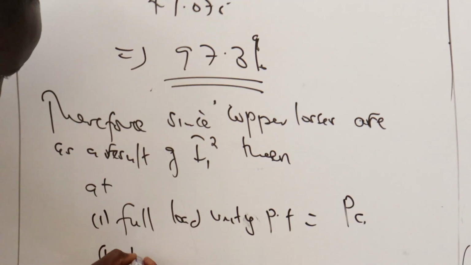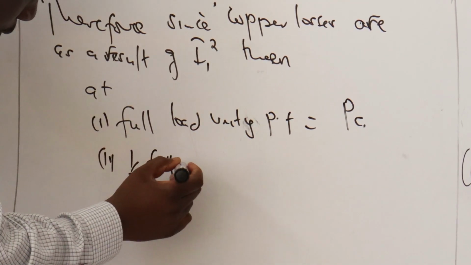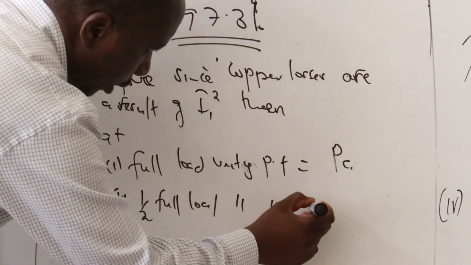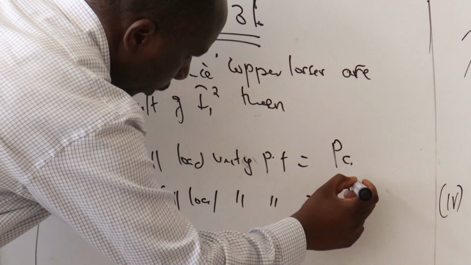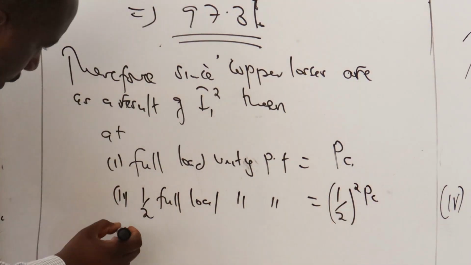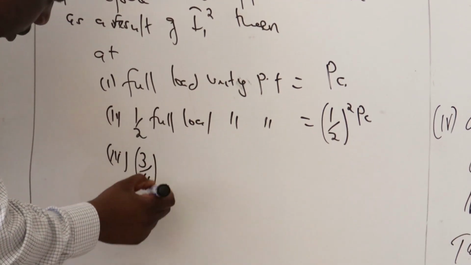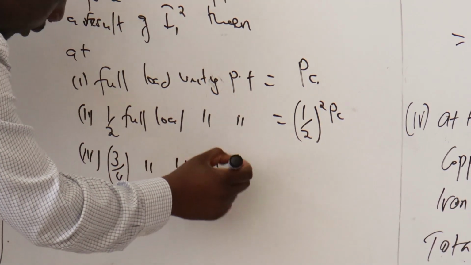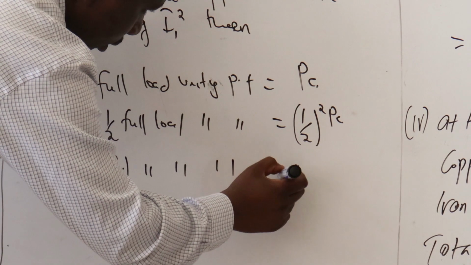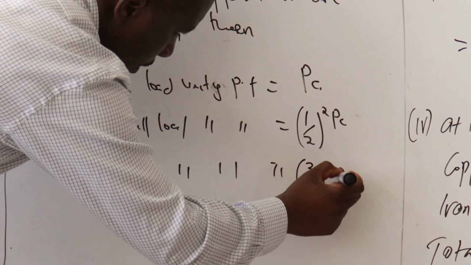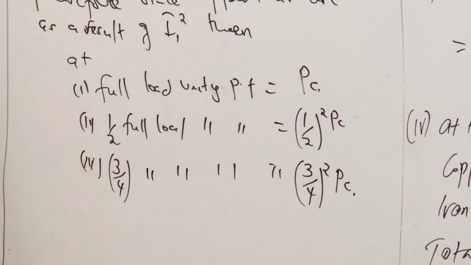Number 2, at half full load unity power factor, you shall have this as half squared PC. Number 3, at 3/4 full load unity power factor, we shall have that as 3/4 squared PC.